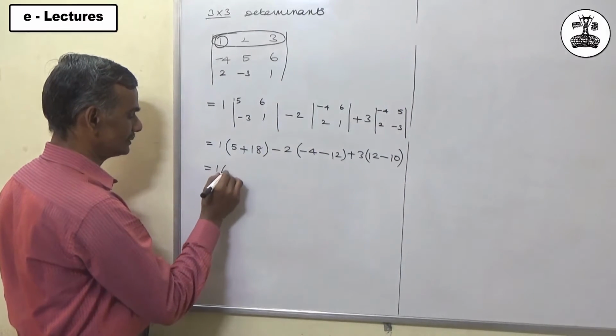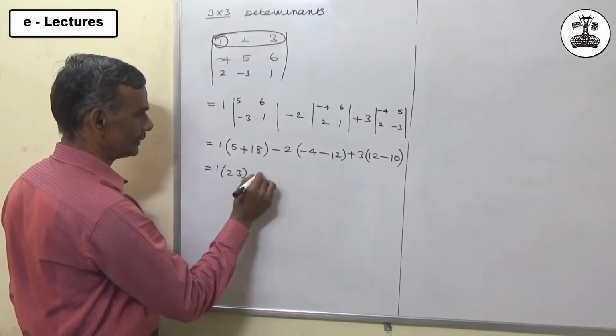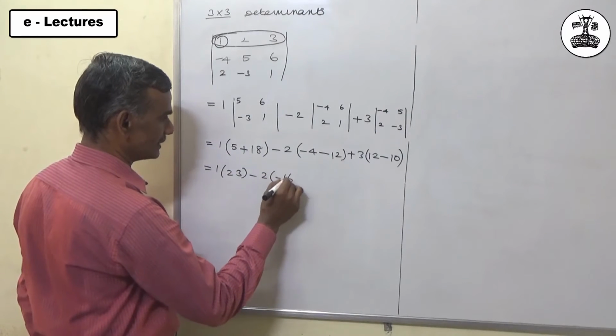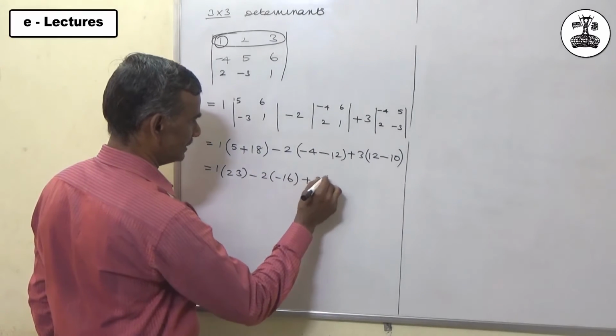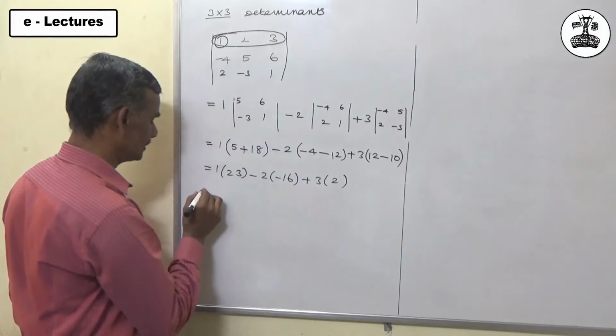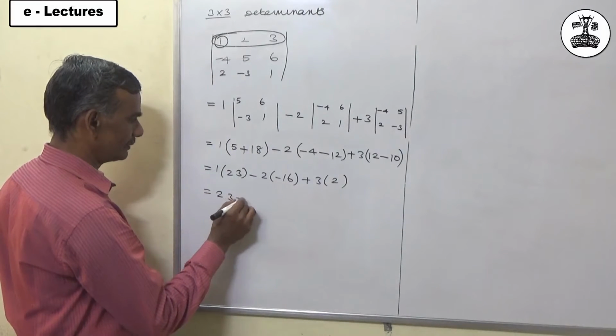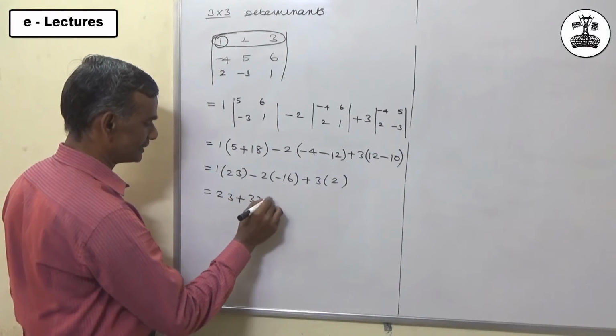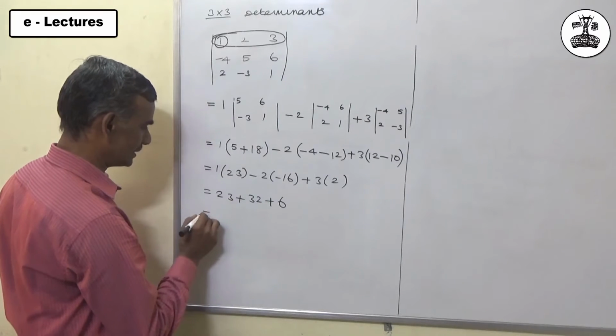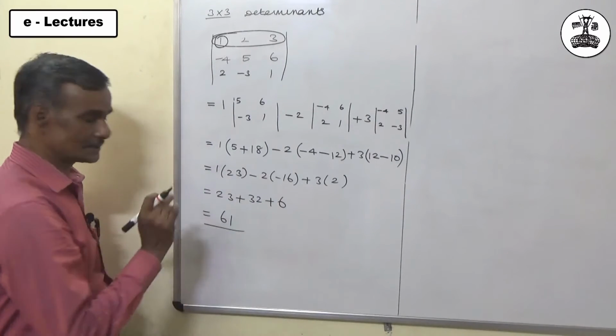So 1 into 23 minus 2 into minus 16 plus 3 into 2. So 23 plus 32 plus 6. This is equal to 61.